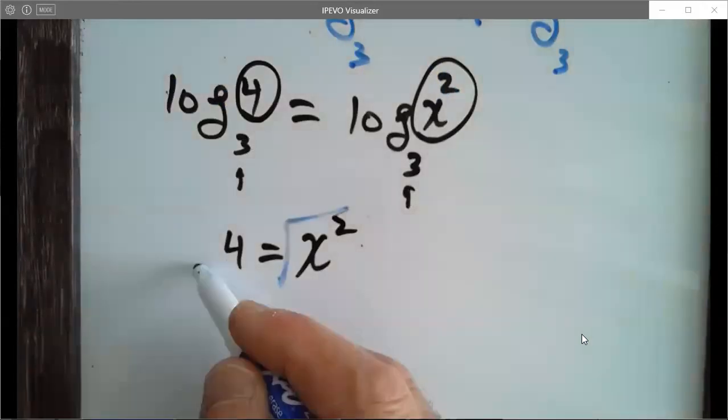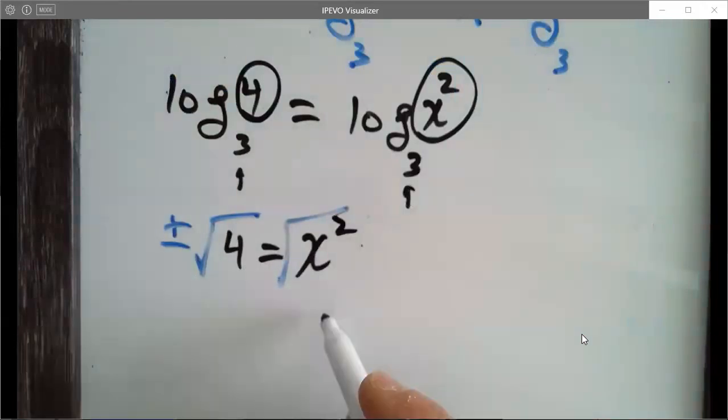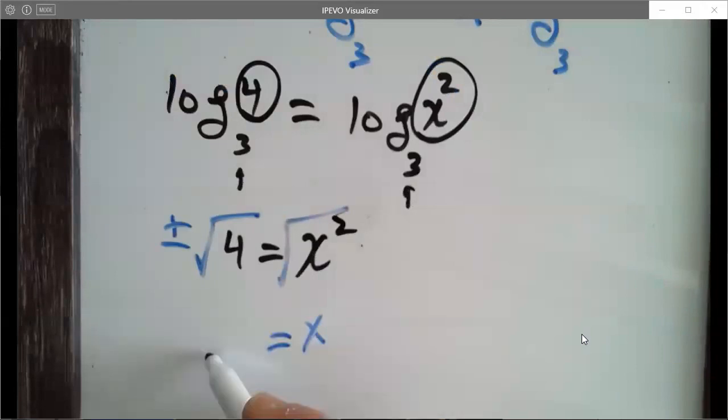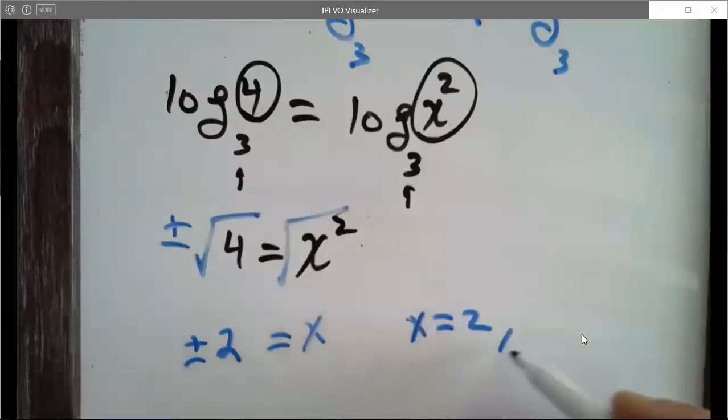We apply the square root, plus or minus, and we get x equals plus or minus 2. So x equals 2 and x equals negative 2.